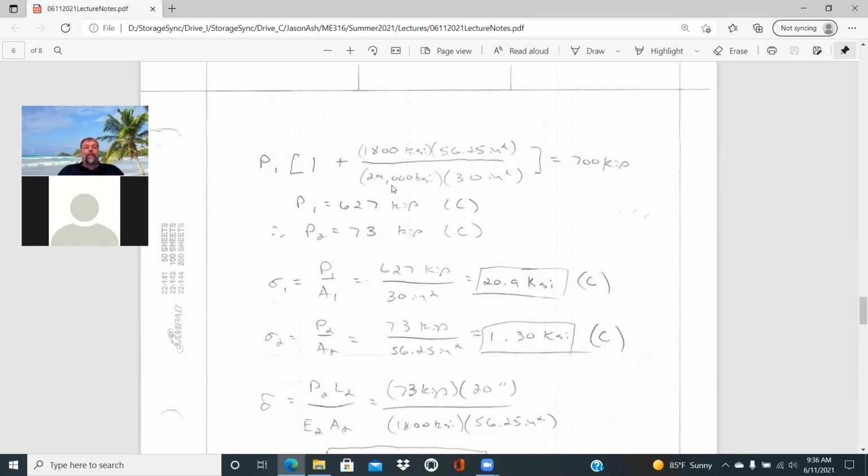They support the majority of the load, and the other one is just kind of along for the ride in that process and carries much less of a load.